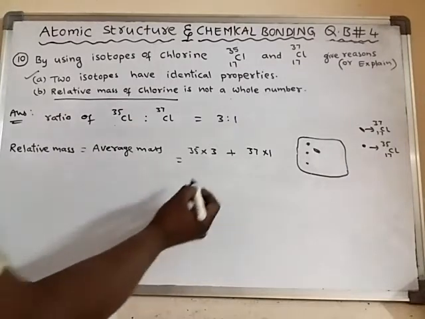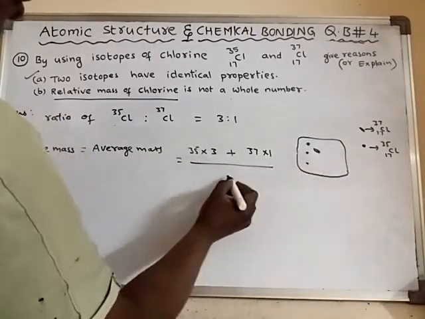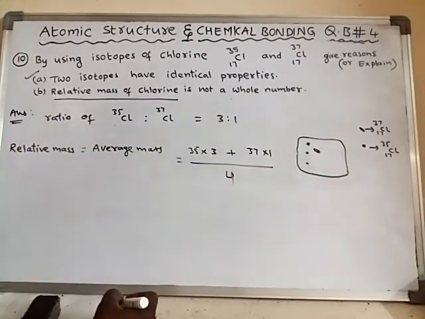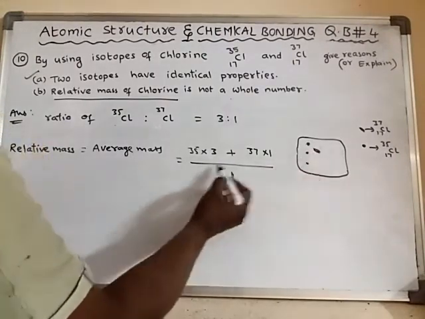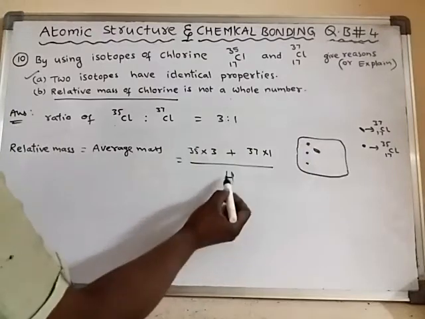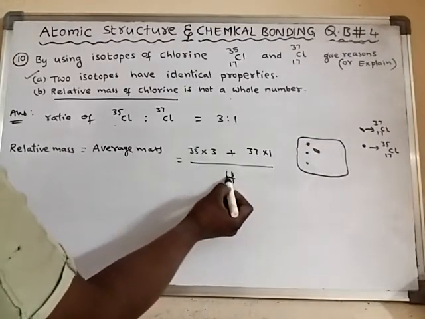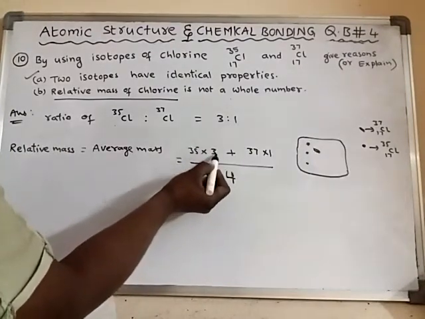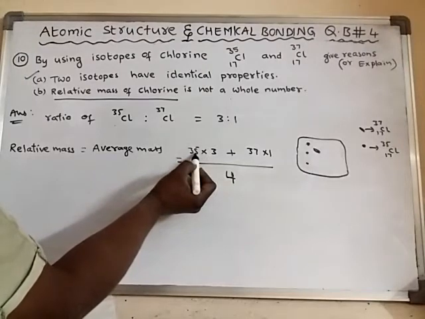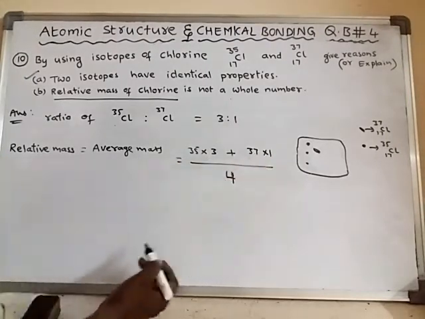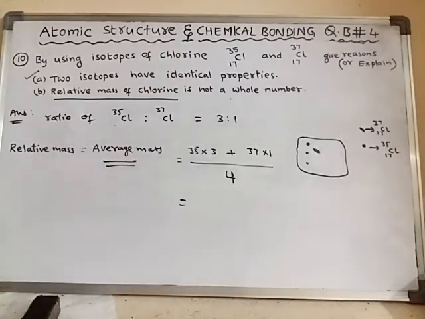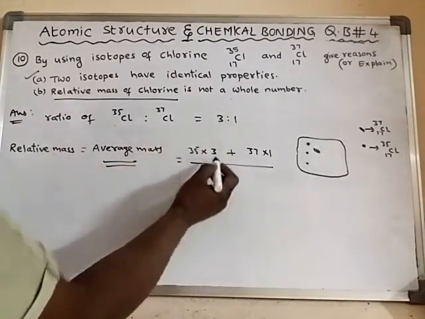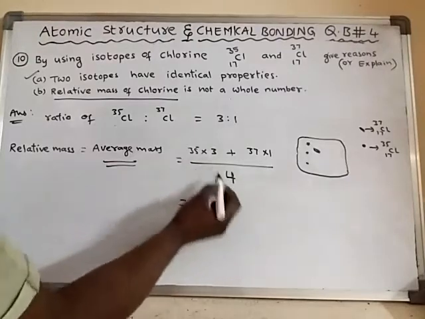So the total number of atoms present in the sample is 4. Out of 4, 3 atoms have mass 35 and 1 atom has mass 37. On an average, the average mass can be found with the help of this formula.